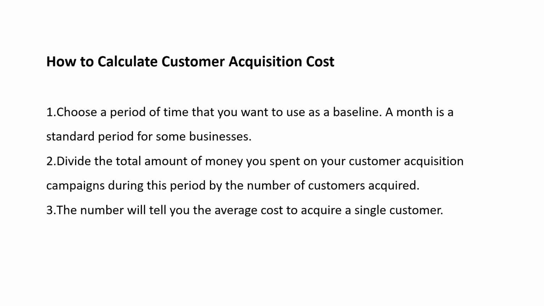So how many zeros are there in 50,000? We are looking at 4 zeros divided by 100. So we are looking at 500 rupees per customer, right? So the total amount of money you spend divided by the number of customers. The number will tell you the average cost to acquire a single customer. So I am spending 500 rupees to acquire a single customer.